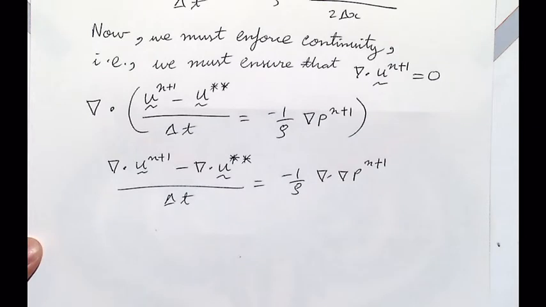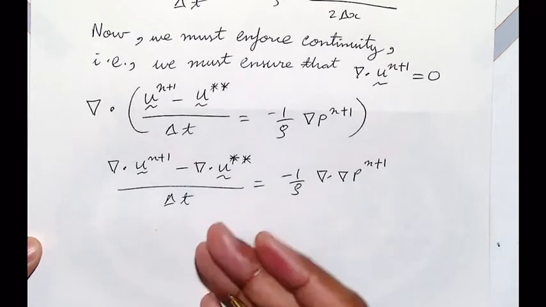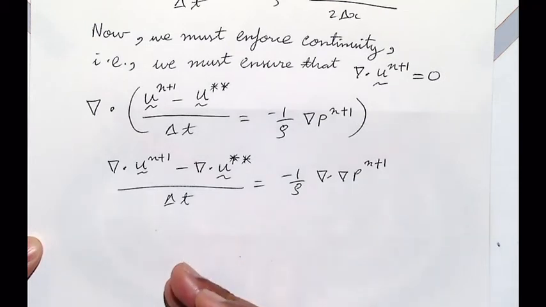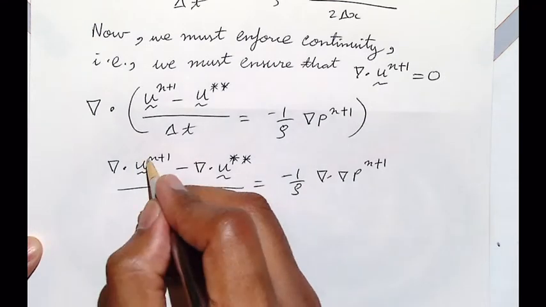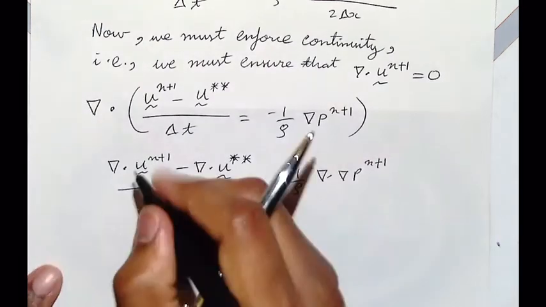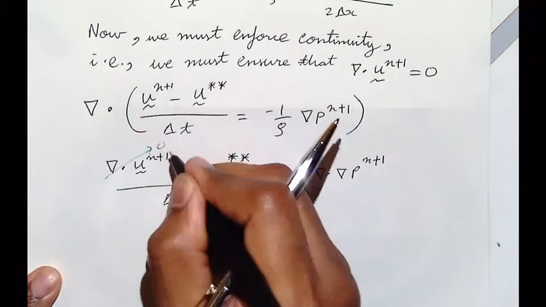Alright, what next? The whole left hand side should be 0? Only this term is 0, because that's what we want to enforce.